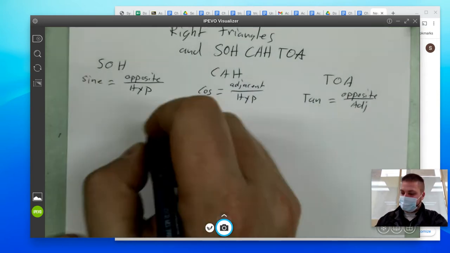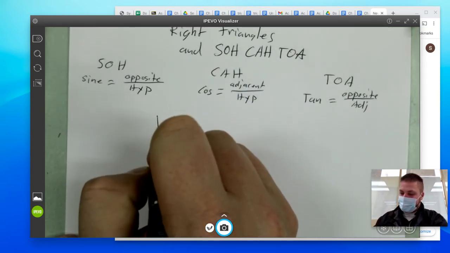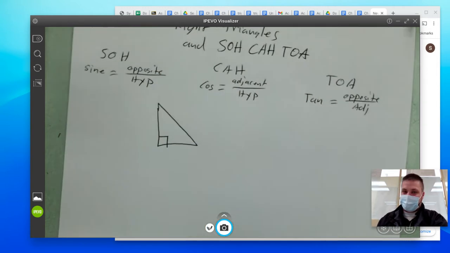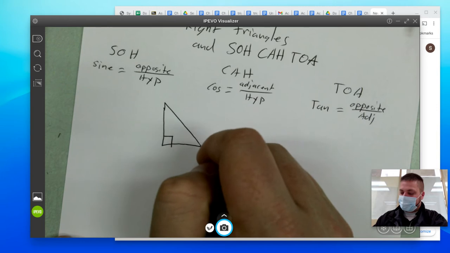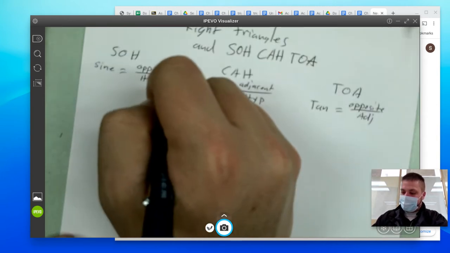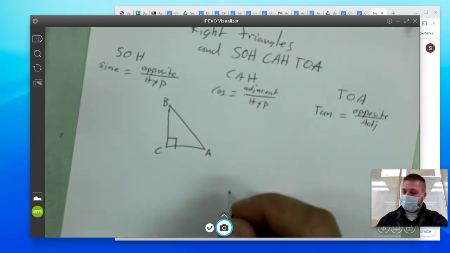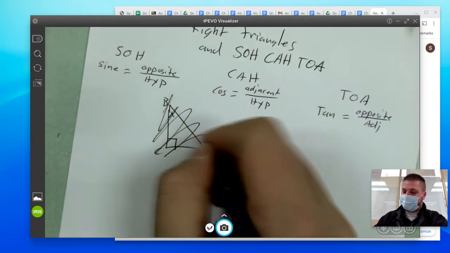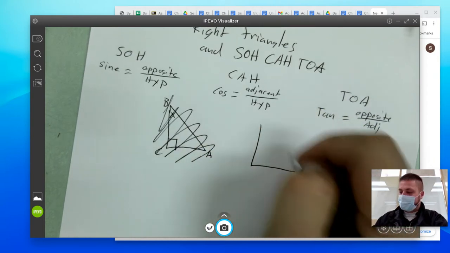Okay, so if I just give us a random example here, of course this can only be used on right triangles. We'll call this angle capital A, this will be capital B, this will be capital C. I just drew that wrong. Let's try again.